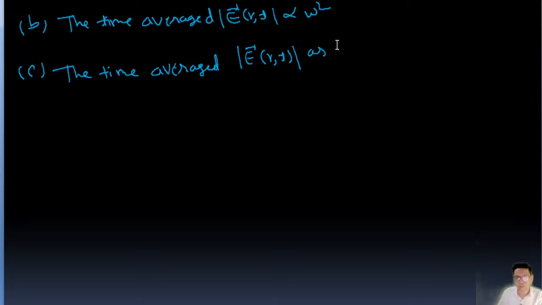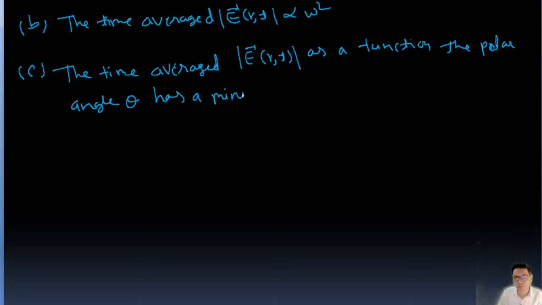is mod of E as a function of the polar angle theta has a minimum at theta equal to pi by 2.